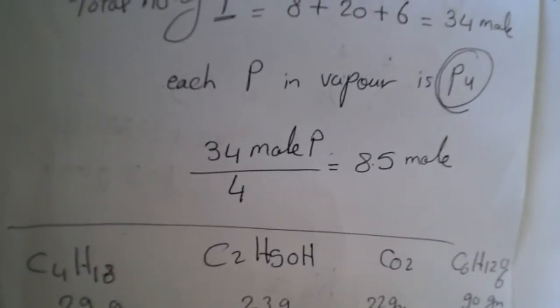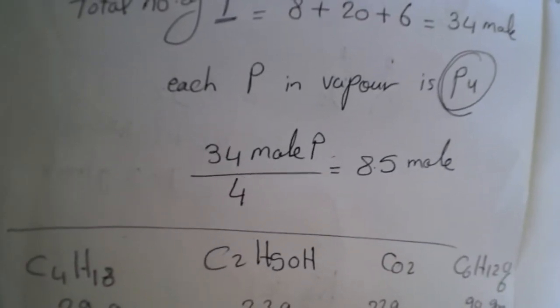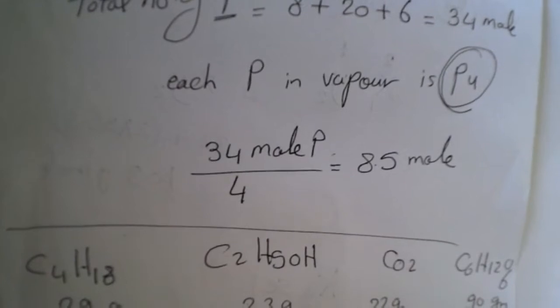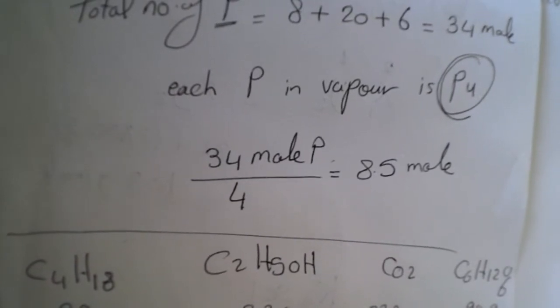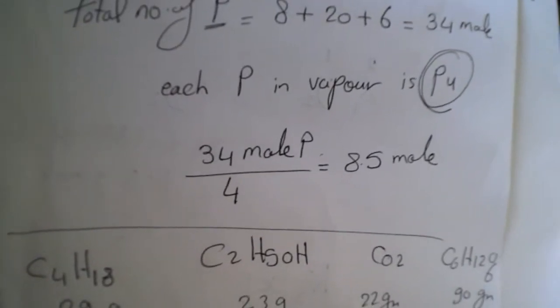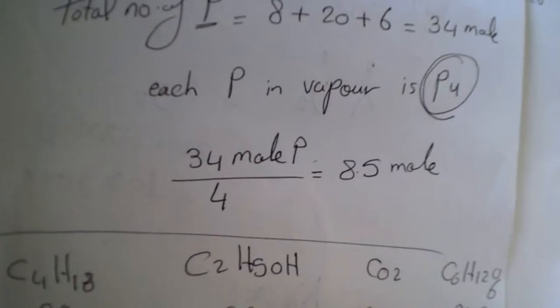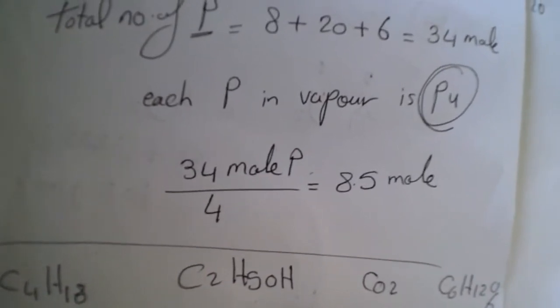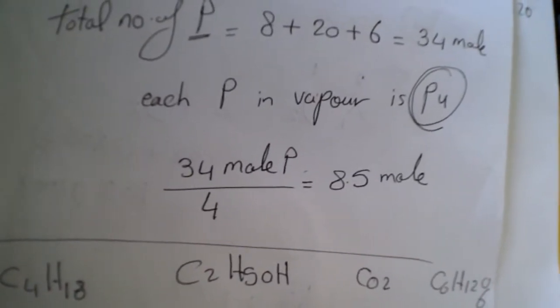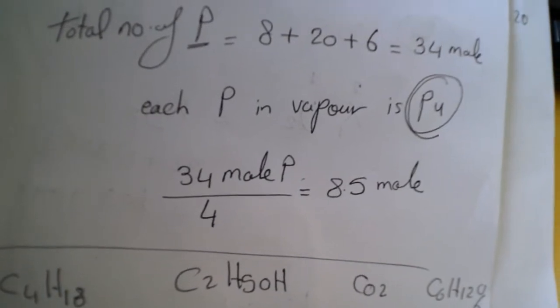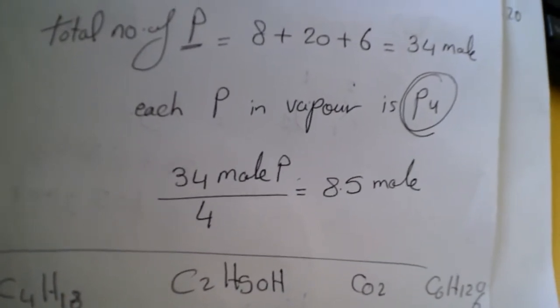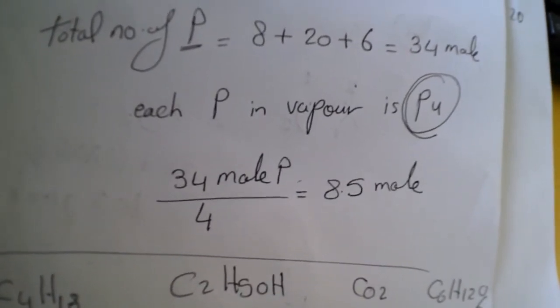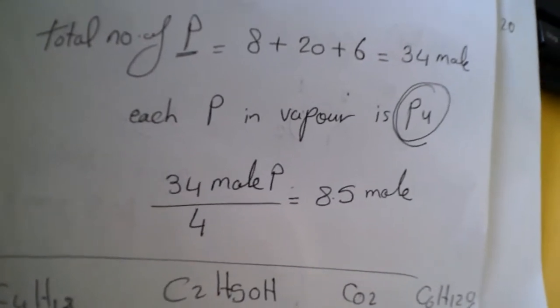Here it's 23 over 2 times 12 plus 6 plus 16, gonna be half mole too. Here we have 22 over 12 plus 2 times 16, it's gonna be half mole too. So they are equal up to now.